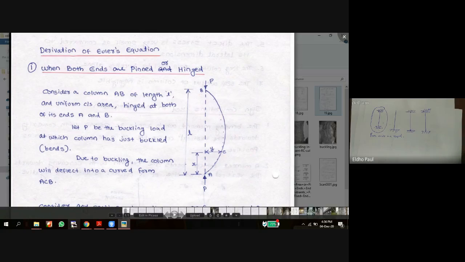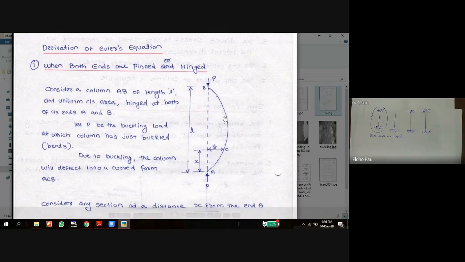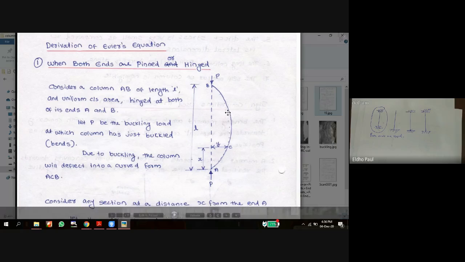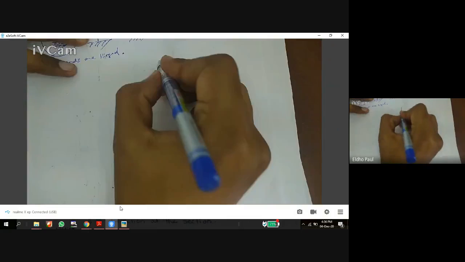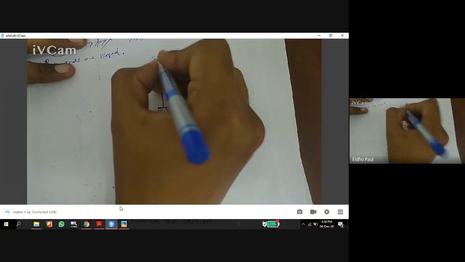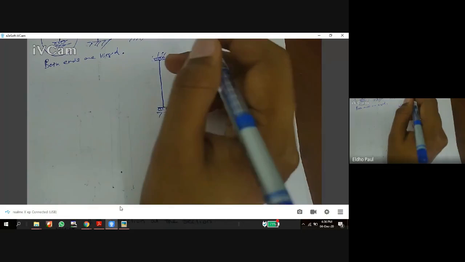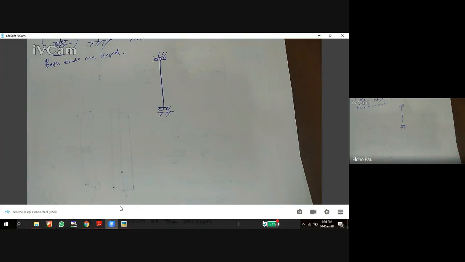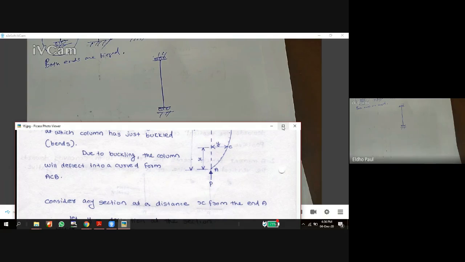So in this beam, this is the beam with both ends hinged. Okay. So consider this beam with both ends hinged.